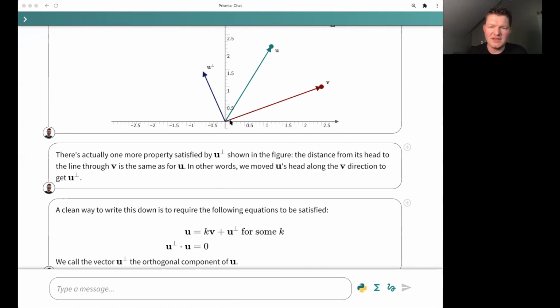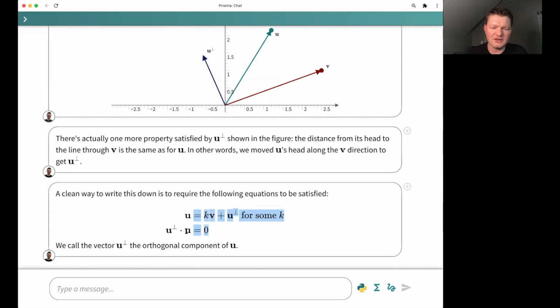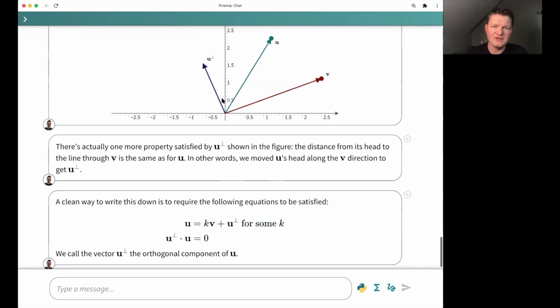So we want it to be the case that we can go some distance along the vector v and then add that to u perp and end up at u. So we're decomposing u down into a v piece and a piece that's perpendicular to v. Sorry, this equation is wrong here. It should be u perp dotted with v is equal to 0. Of course, this angle is not 90 degrees. It's supposed to be 90 degrees between u perp and v.